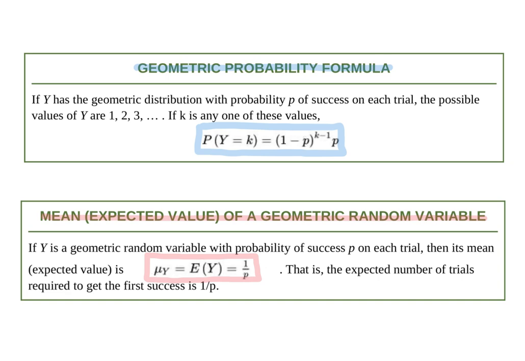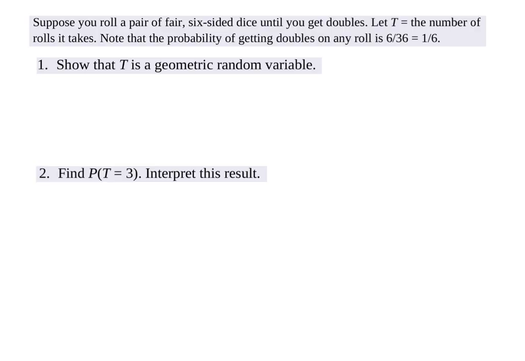And then the mean is so easy. All we have to do is take the expected value, which is the mean of y. We take the probability and we do 1 divided by that probability, and that is the mean of a geometric random variable.